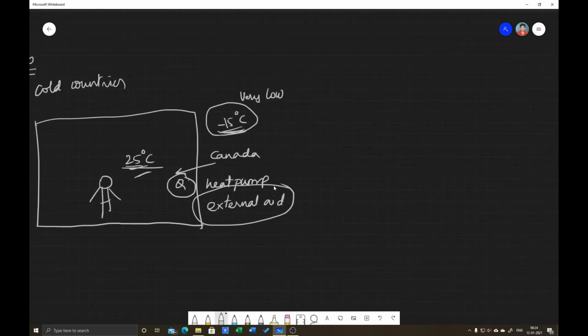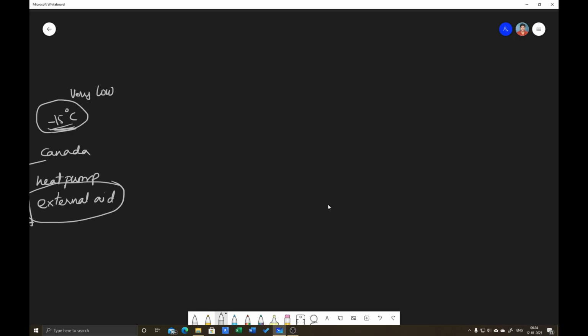Now we will see what a heat pump is in a block diagram. So this is the higher temperature body, T high.